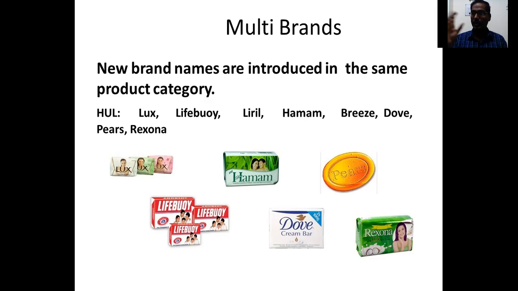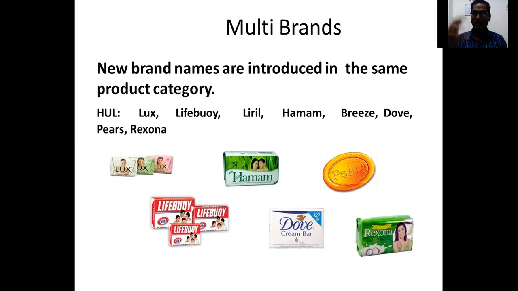So a particular product will fulfill a set of attributes. A soap is one thing, but the expectations are different. One brand of soap cannot fulfill all the expectations of different customers. That's why organizations go with multi brands.